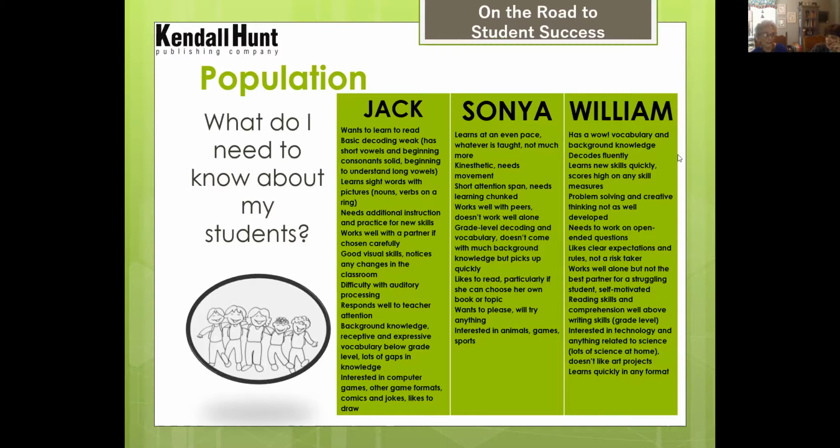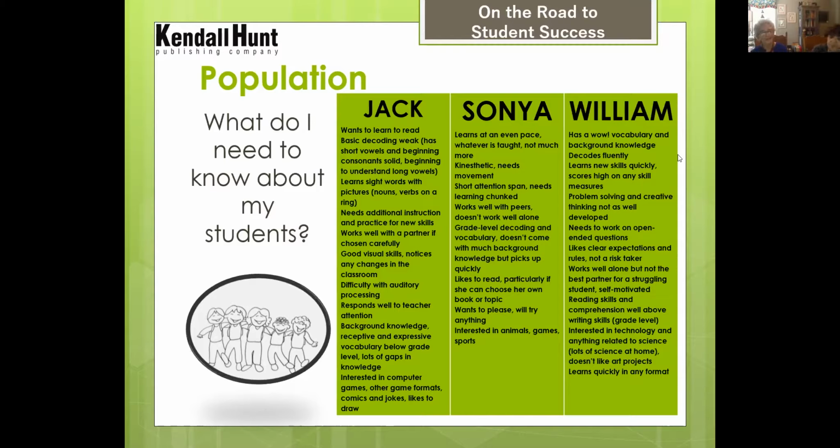And here's what we find when we talk about Sonia. She's the kid in April who's still a mystery to us. Teachers have the hardest time writing down things for that kid who's plugging along in the middle. Not bothering anybody, she's passing. So just to get to know her better: Jack will make himself known to you if it's too hard for him. William will make himself known to you if it's too easy for him.